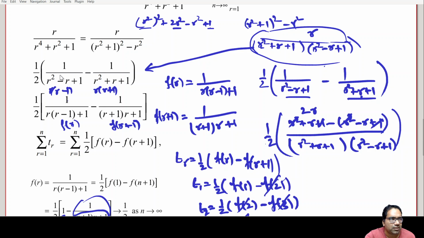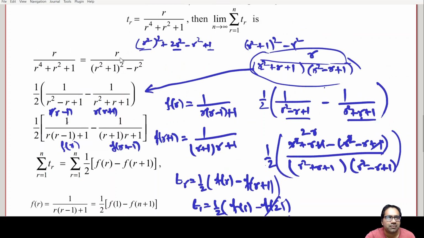Now, we realized that the second one is actually related to the first one. If we call one of them f(r), the second one is actually f(r+1). So, that is what we wanted. Every term is actually half of f(r) minus f(r+1), basically half of the difference of two consecutive items.